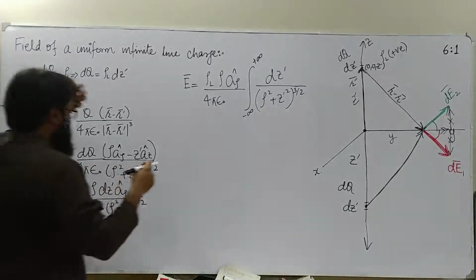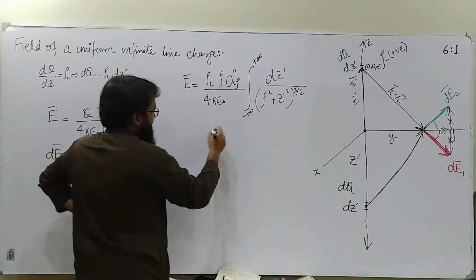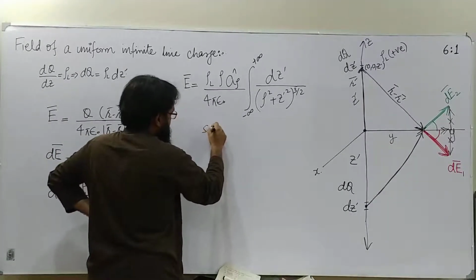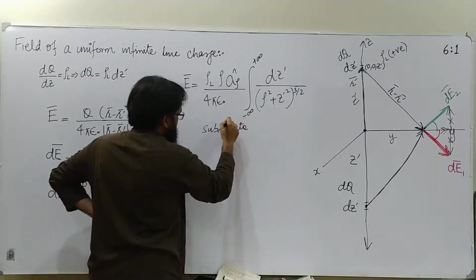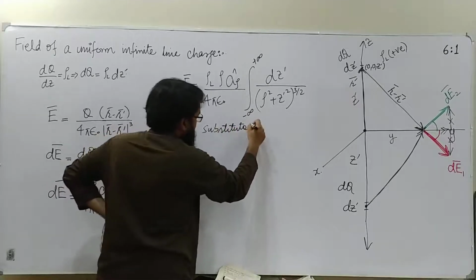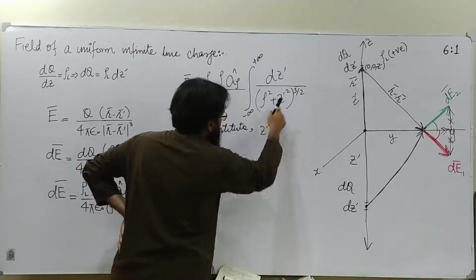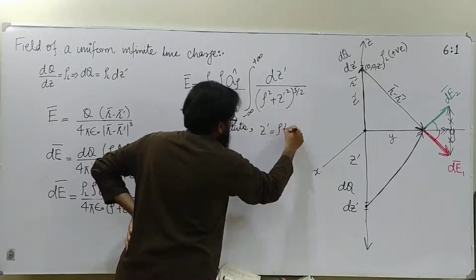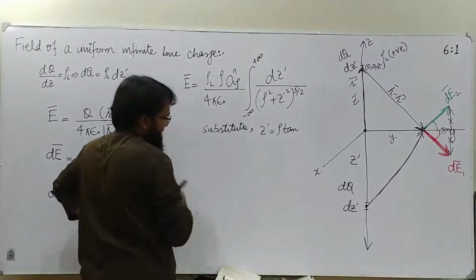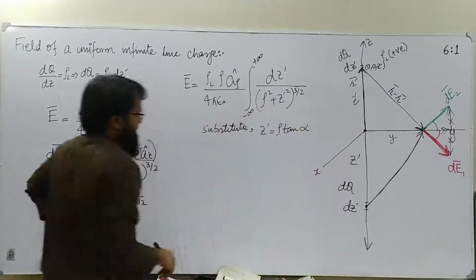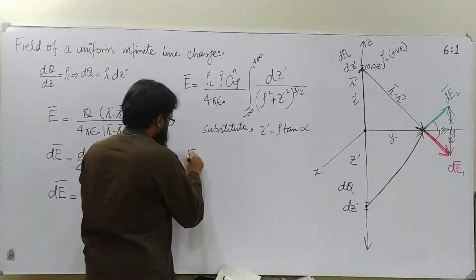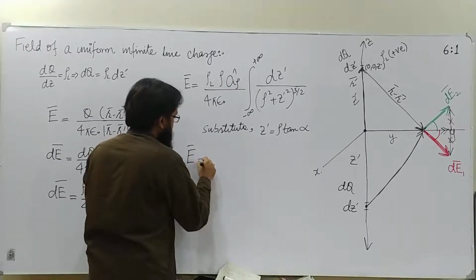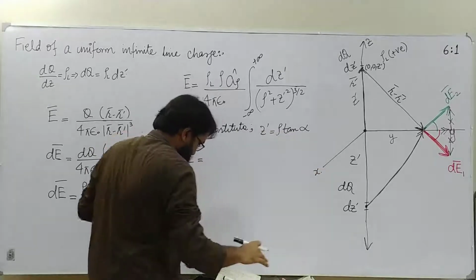Now doing the integration by substitution method, and that substitution will be z prime equals rho tan alpha. Now I use this substitution to find the final expression. I'm not going to give the details here, you can do it.